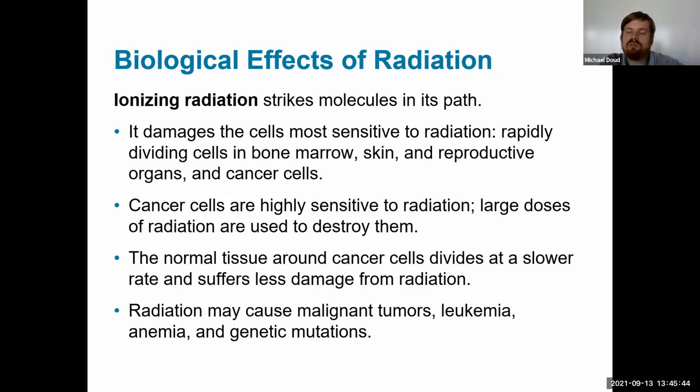This can mess up a whole host of things in the body. I know we haven't talked about DNA yet, that's in the future, but you probably know something about DNA from your previous classes. DNA is where the information is stored for the cell. So if you mess up the DNA of a cell, it's not going to have the correct instructions to do everything that it needs to.